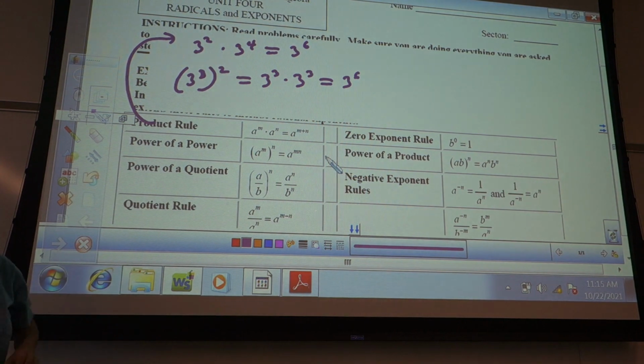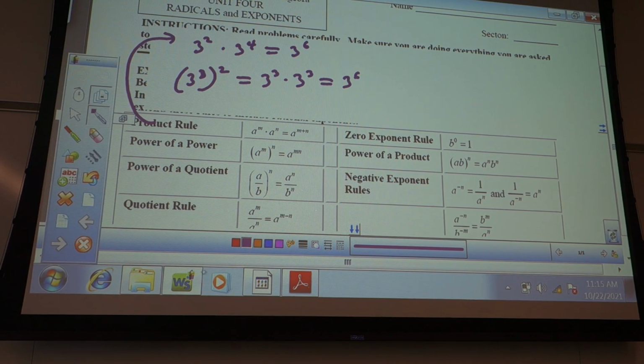Good. Okay. And then the other one that sort of goes hand in hand with this, the quotient rule. With that, I think everybody sort of knows if I have 3 to the fifth over 3 to the first, just one 3, right? You subtract the exponents, right?